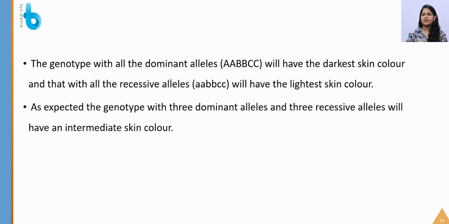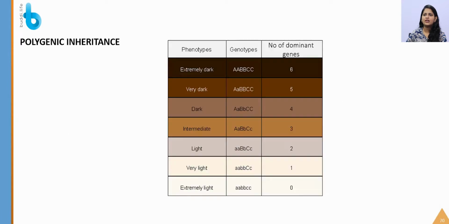So AABBCC, the capital ones, will have the darkest skin color, whereas the small ones, aabbcc, will have the lightest skin color. You can see the various dominant genes present here. There can be many combinations of these genotypes. Now we are going to talk about the number of dominant genes and the power they exhibit. That is what we call polygenic inheritance.